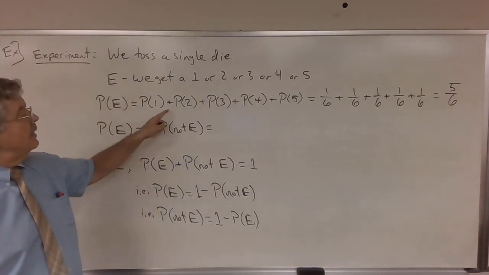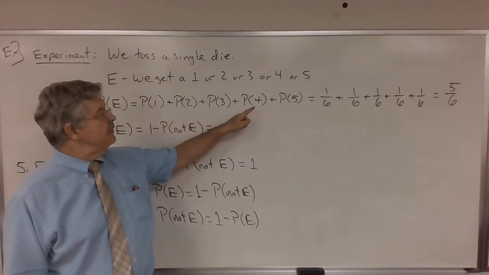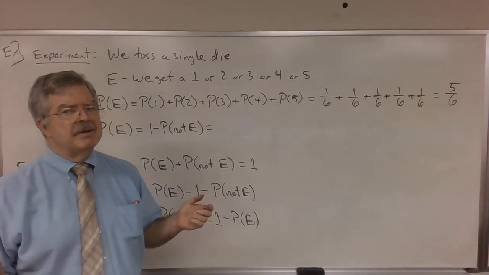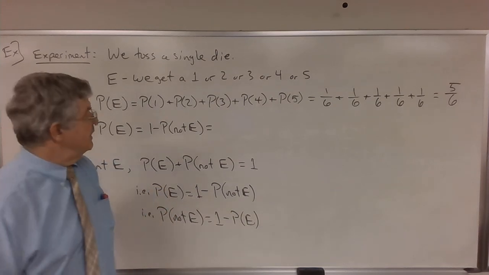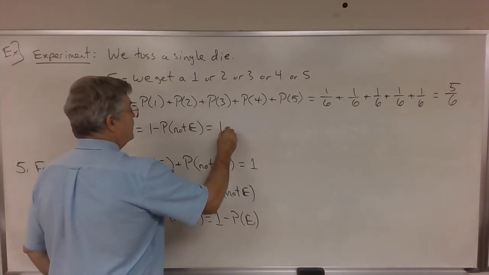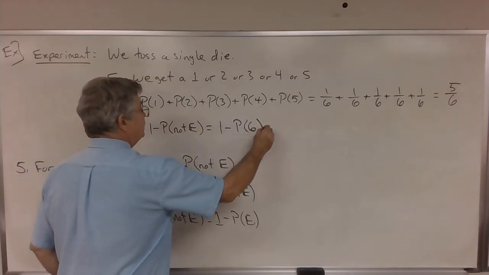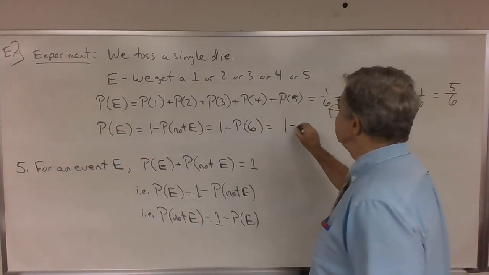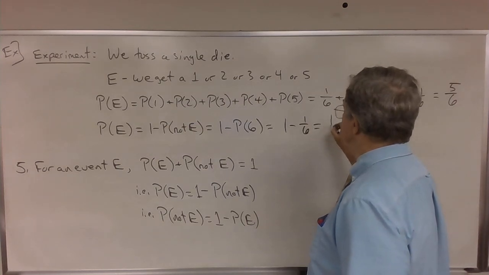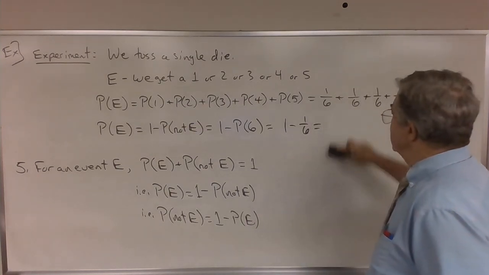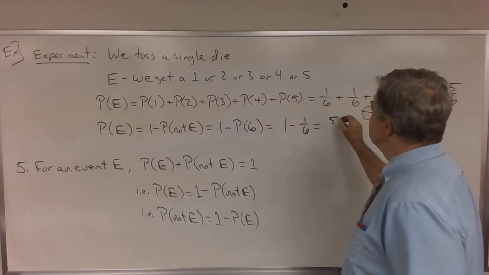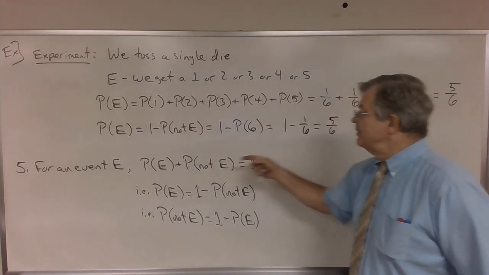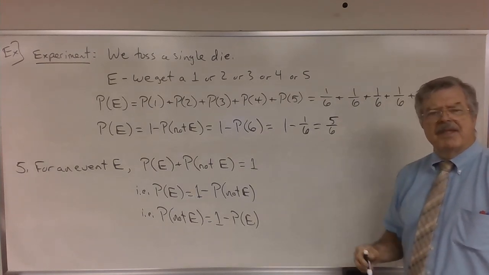Well, if we don't get a 1, we don't get a 2, we don't get a 3, we don't get a 4, and we don't get a 5, what has to happen? We get a 6, right? So this is 1 minus the probability of getting a 6. And the probability of getting a 6 is 1/6. And so that means the probability of E occurring is 5/6. It was easier to do it this way.